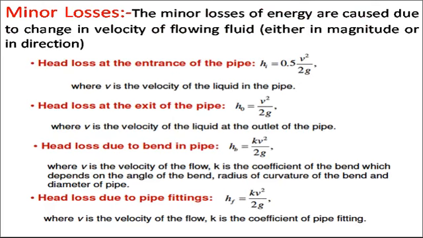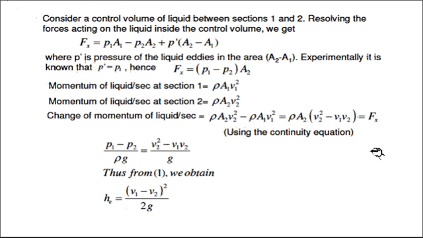And this summation of Fx, as already calculated, gives us this equation. After calculation of Fx, we have (P1 minus P2) upon gamma, which is equal to (V2 square minus V1 V2) upon g. Now, after solving the equation, we have He, the minor loss, given by (V1 minus V2) square upon 2g.